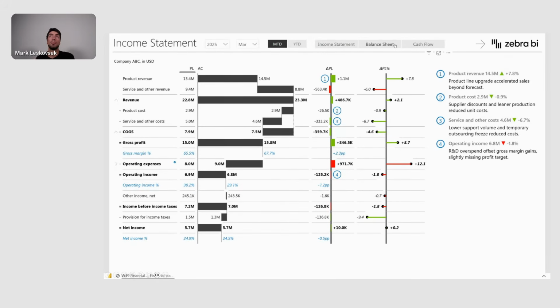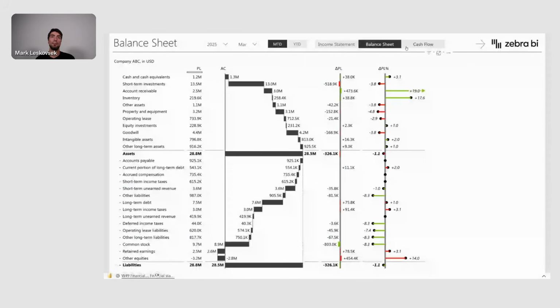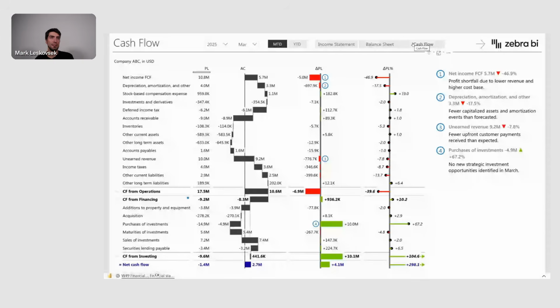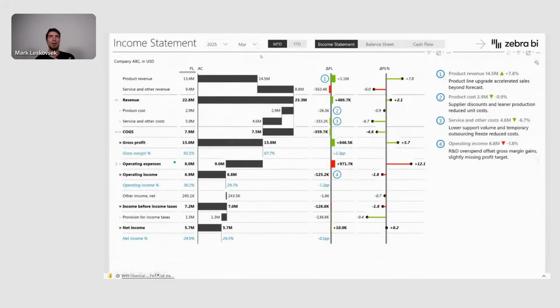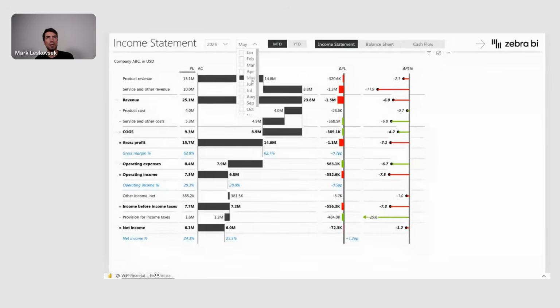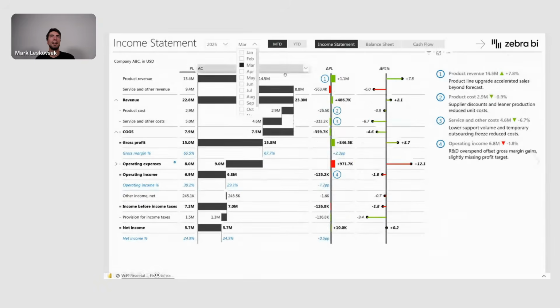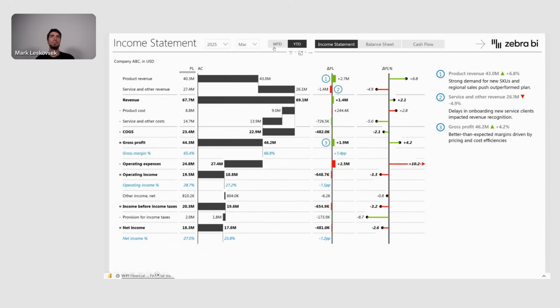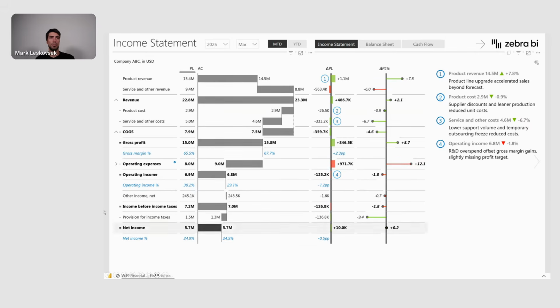And we can integrate multiple different financial statements within the same dashboard. And this is of course the power of Power BI, right? We don't have a static report. We can integrate dynamic dashboards that allow going into different views of our data and dynamically showcasing the insights, switching from month-to-date to year-to-date views on the spot, and so on.